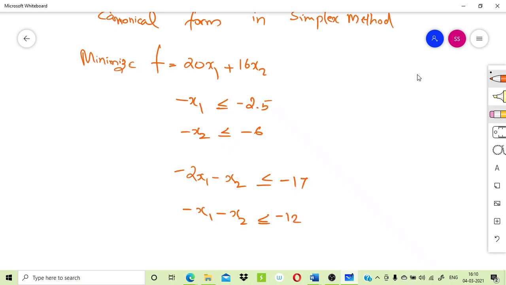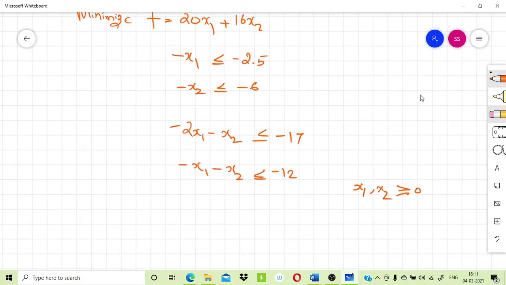In canonical form, the two variables must also be non-negative, so x1, x2 greater than or equal to 0. So this is our canonical form.